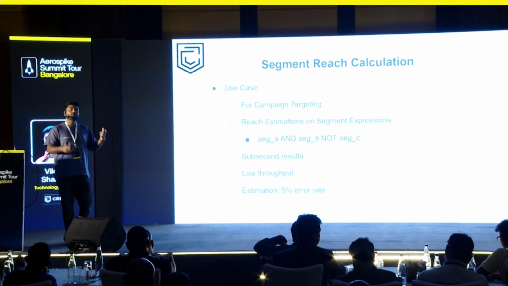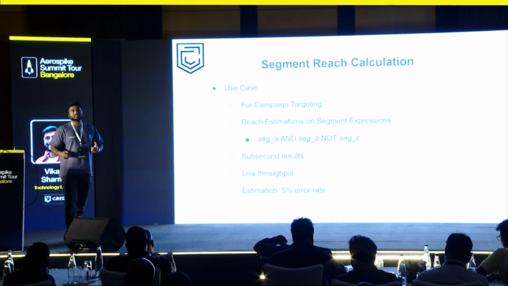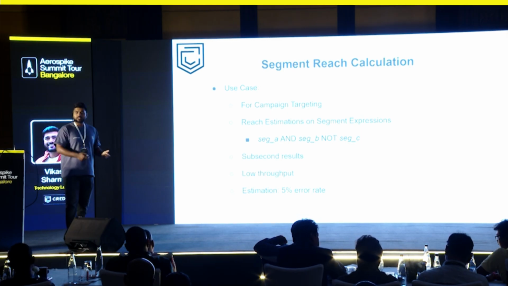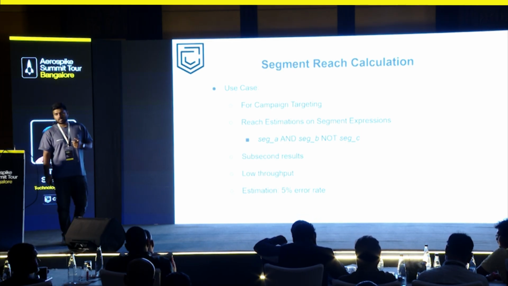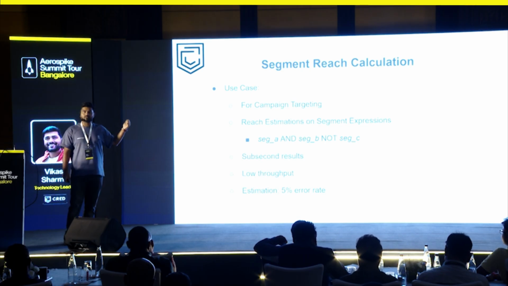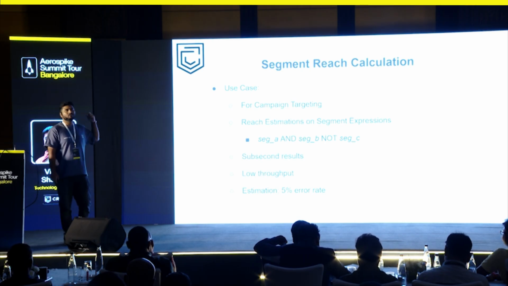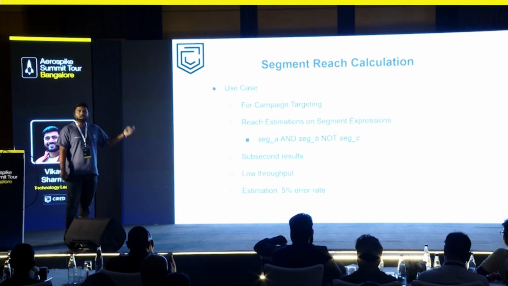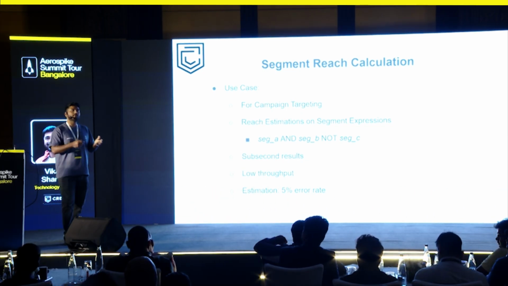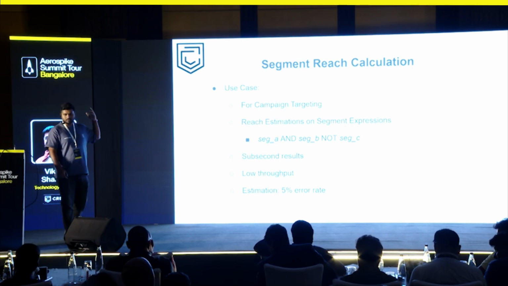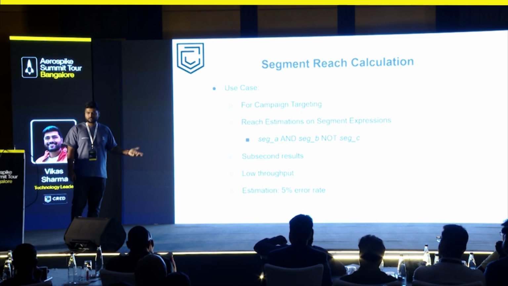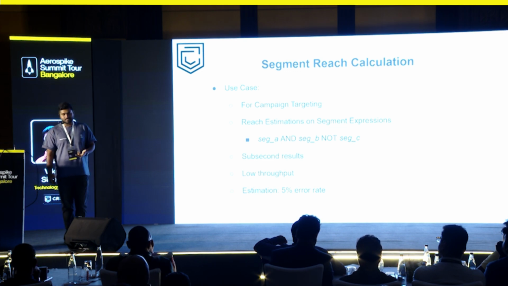So we have segments in place, which are statically defined or could be recurring based on a query on Databricks or on EMR. The use case was that we run a lot of campaigns on our platform for growth, for merchant rewards and other things. And while doing that, ops always come and configure a segment with an expression like: I want to target users who are part of segment A and B and not in C.